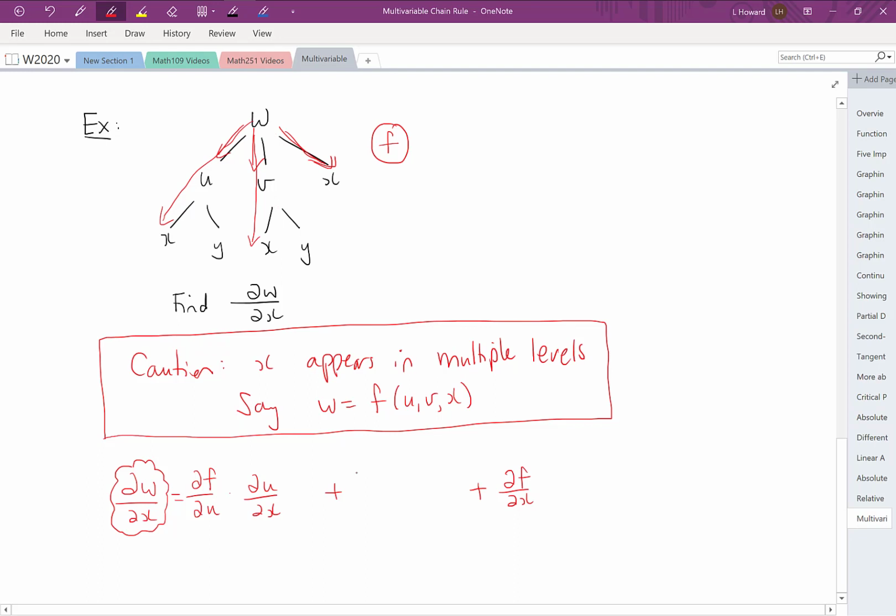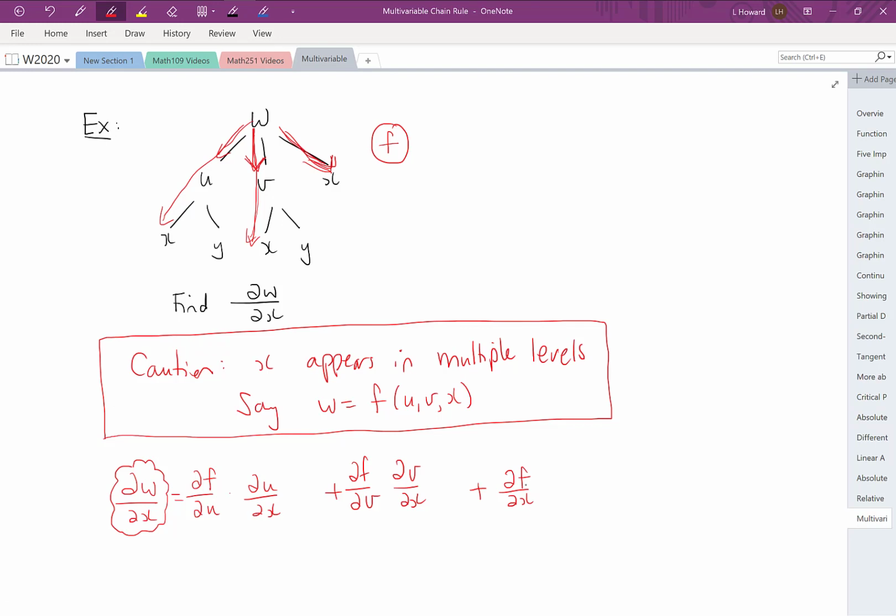Okay, so our middle term then is going to look like partial of f with respect to v. So that's representing the rate of change that we're seeing visually in the first part of that path, and then we need to multiply that by partial derivative of v with respect to x. Okay, and then as we discussed, that third term, just coming from that single arrow there that we're seeing on the right side, much safer to call that partial of f with respect to x.